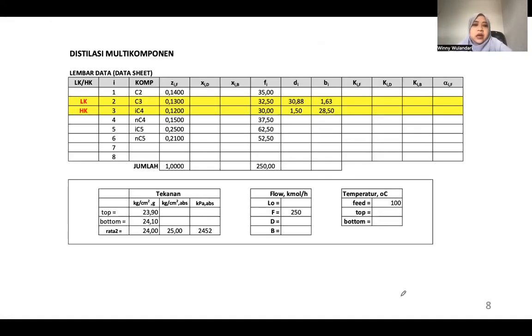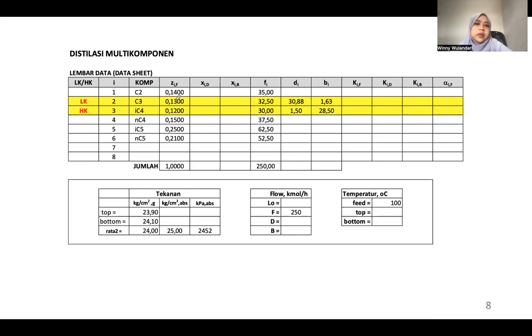Okay, so now let's review a little bit of an example. Let's say we have a feed with this composition at this pressure, and then we have to determine the temperature. We know the flow, so what we need to do is calculate the composition over here.